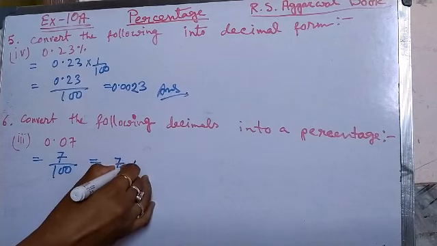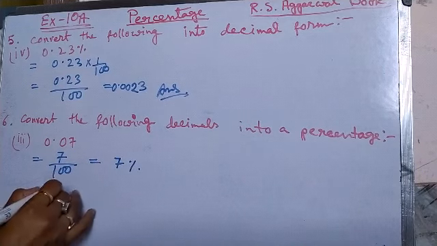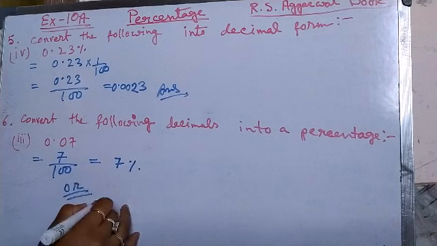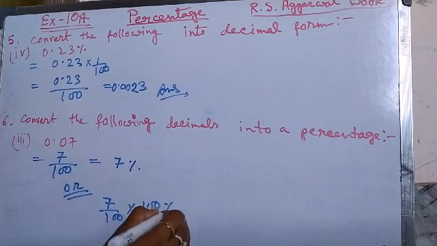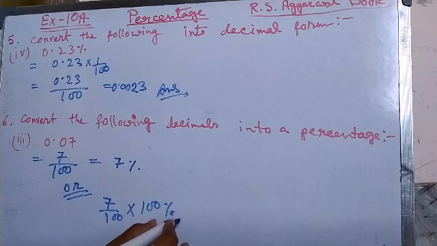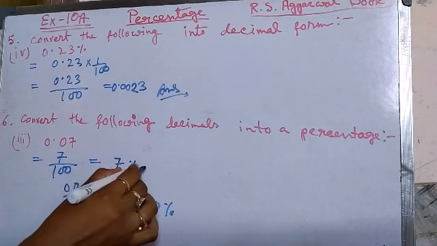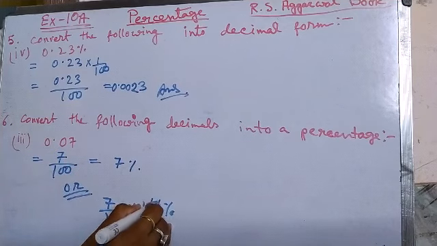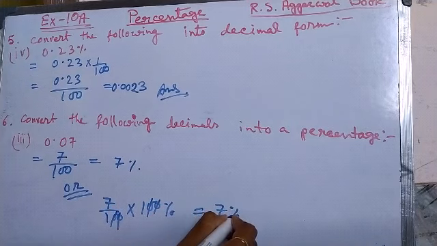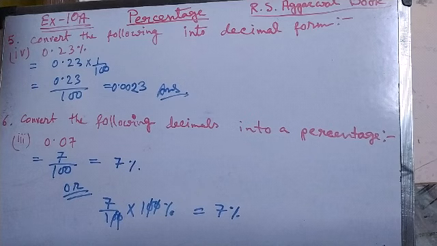Directly you can write that 7%, because 7 by 100 means 7%, or another process, that is 7 by 100 into 100%. Both are correct. So any process will be applicable for this sum. 7%.